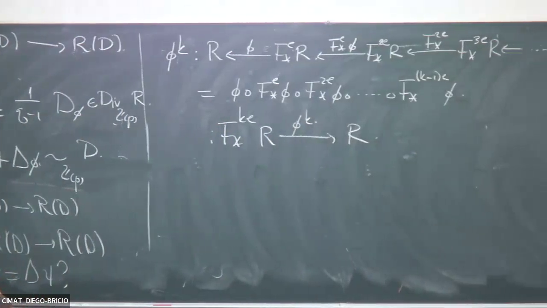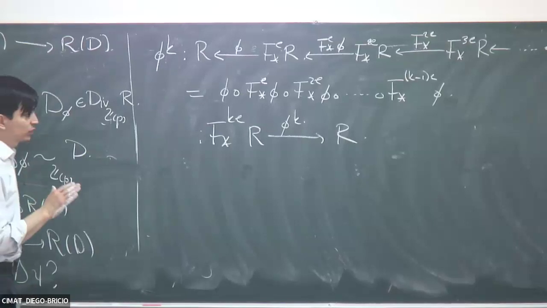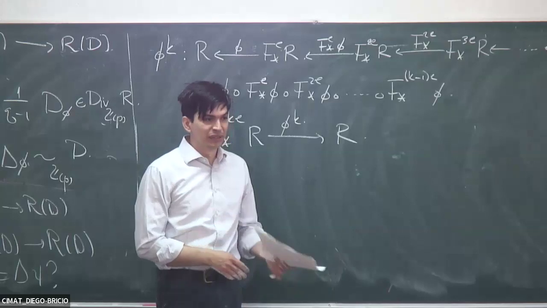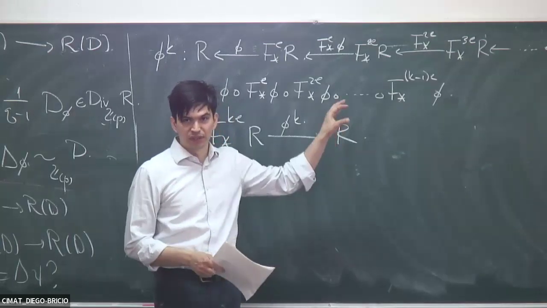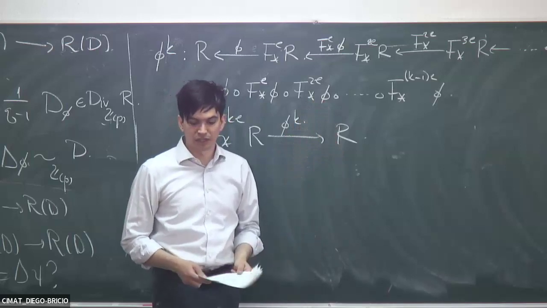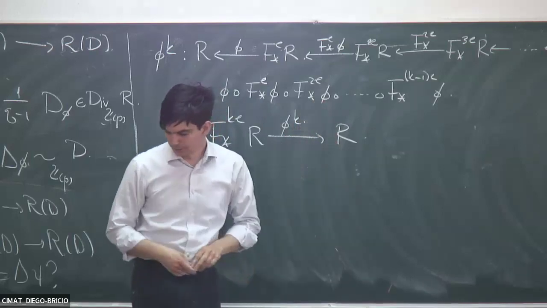If you forget about our linear structure, it is literally the composition of phi with itself k times. The push forwards that look like some weird thing are just to keep track of the R-linear action.